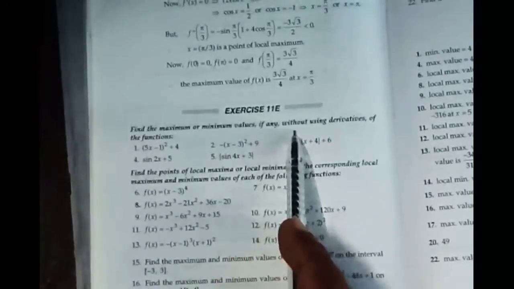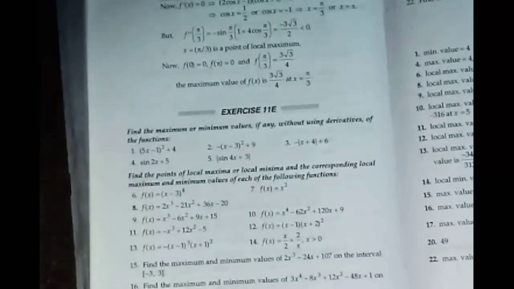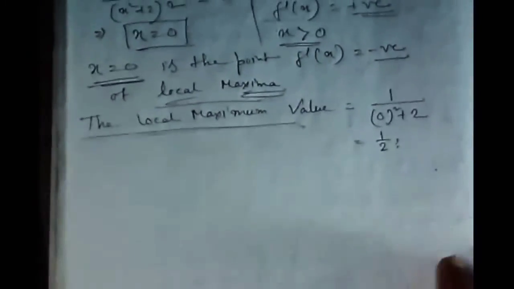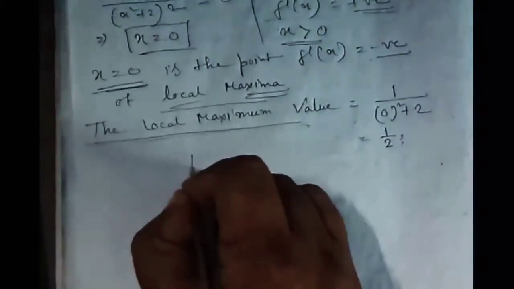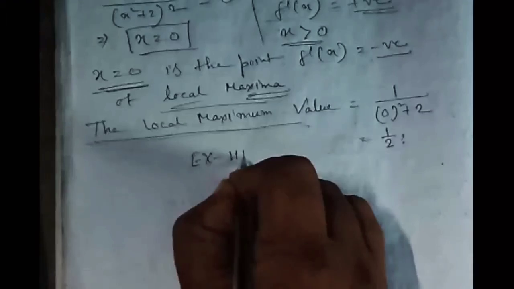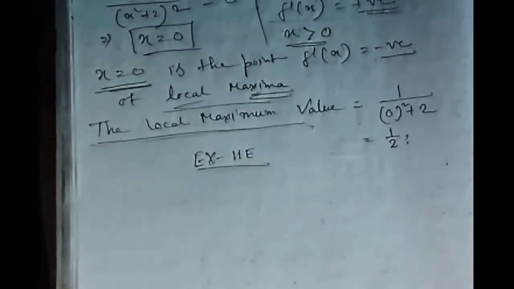Hope you are able to see exercise 11E. Find the maximum or minimum value, if any, without using the derivative of the function. So without using the derivative, we have to find the maximum value or minimum value. So exercise 11E of R.S. Agarwal.